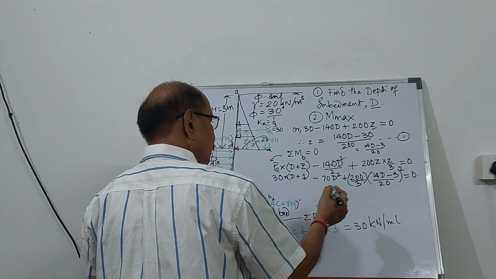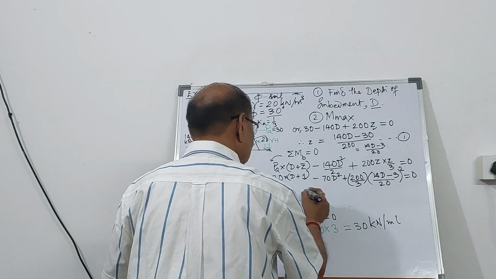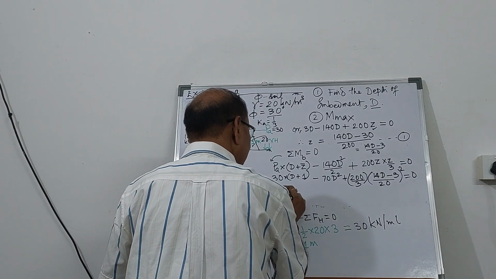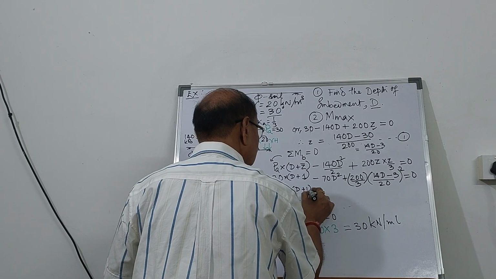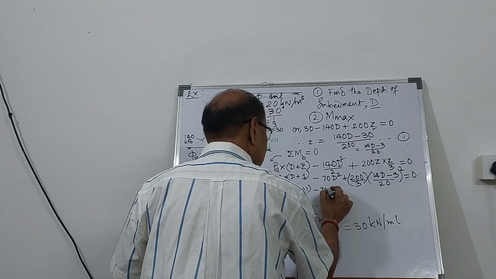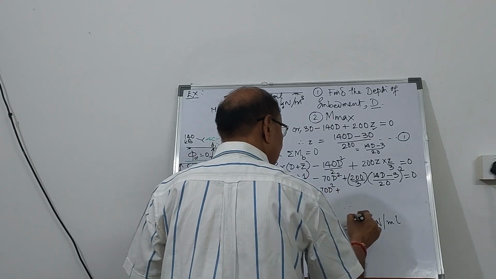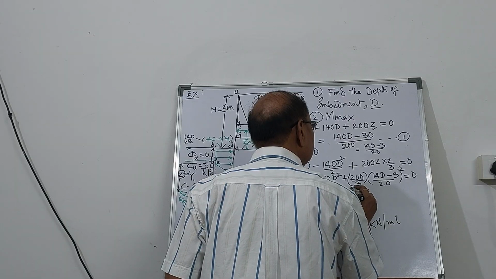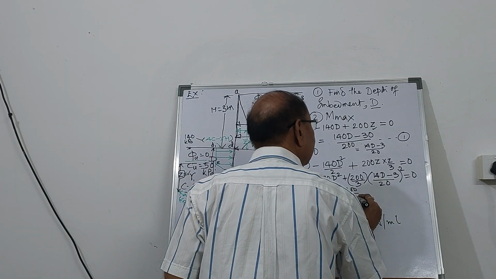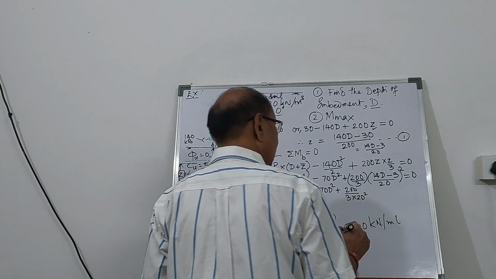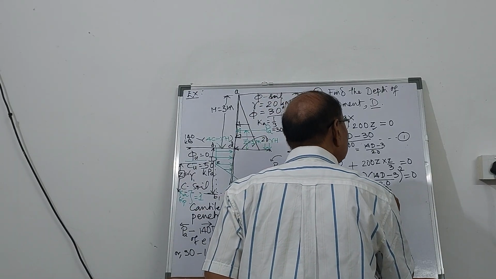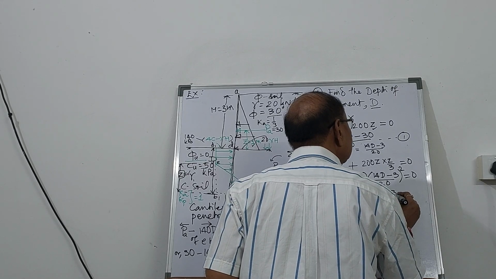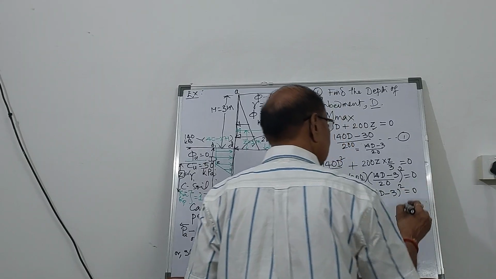So if I further simplify it, 30 into d plus 1 minus 70 d square plus 200 divided by 3 into 20 square into 14 d minus 3 whole square equal to 0.